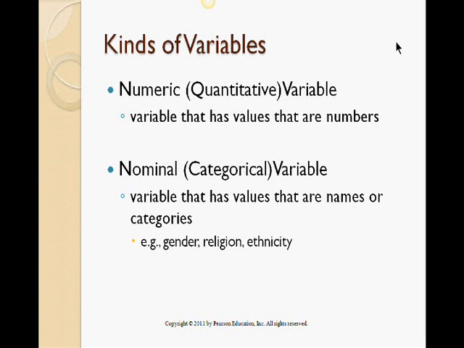Now, some nominal variables appear numeric, but they're still nominal. An example would be your phone number. Yes, your phone number is made up of numbers, but those numbers just represent your phone number. They don't have numerical meaning. Another example would be an athlete's uniform number.